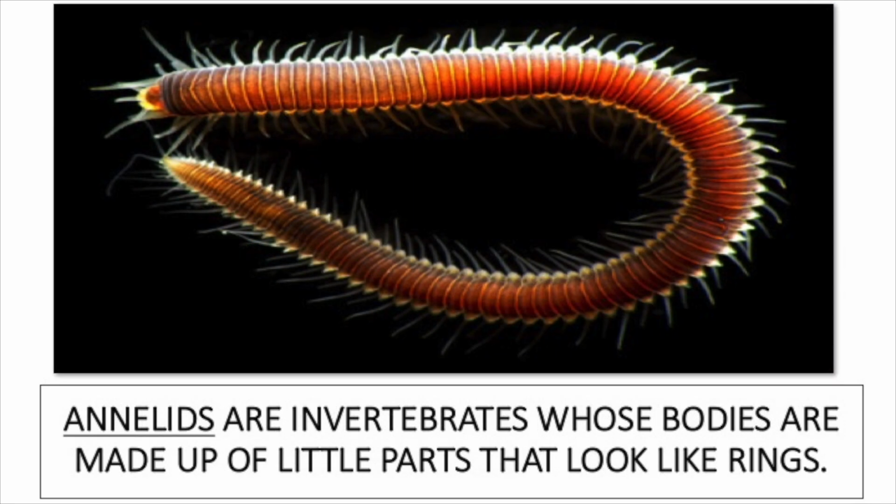Yes. Annelids. Now these are the animals that have little ring-type bodies that can be pulled apart. Invertebrates whose bodies are made up of little parts that look like rings.